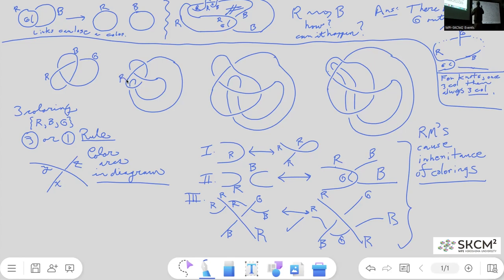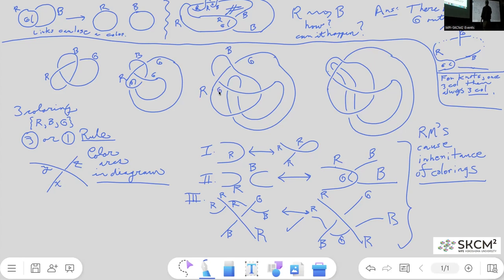So here's red and blue and green here and green here, and green met red to become blue here. Okay? So that's doing one move. Let's do it again. So now I have red and blue and green. Oh, careful. Red, blue. Here's the green. Red and blue together make green.